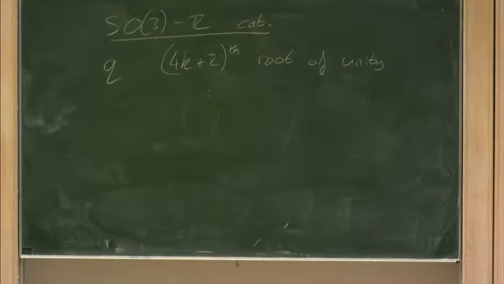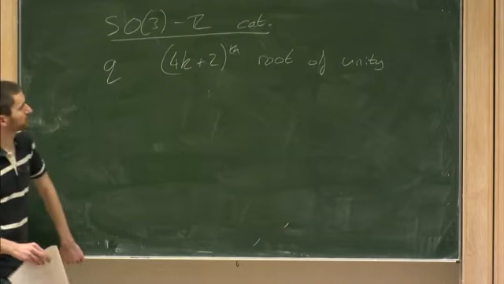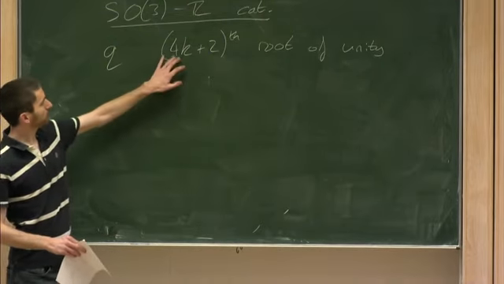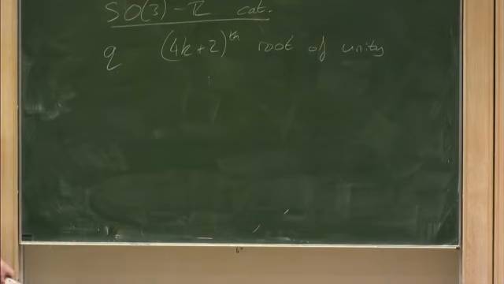So morally, SO3 representations only exist at even levels of SU2, but you need to take, so even level is 2k, but you need to take k to be even itself, otherwise the category that you get is not a modular tensor category. So we're going to restrict ourselves to levels of SU2, if you like, which are multiples of 4.